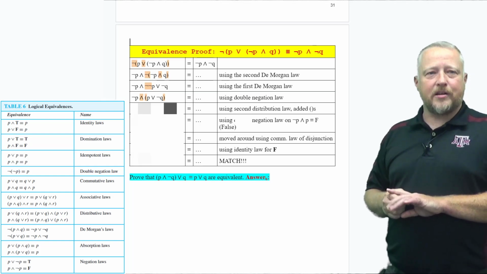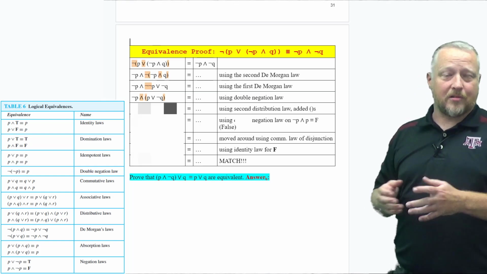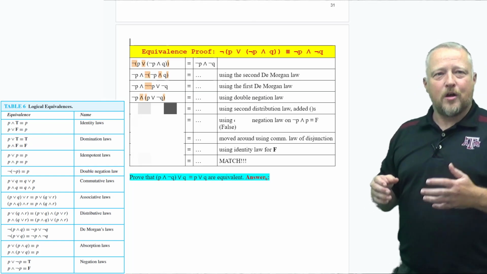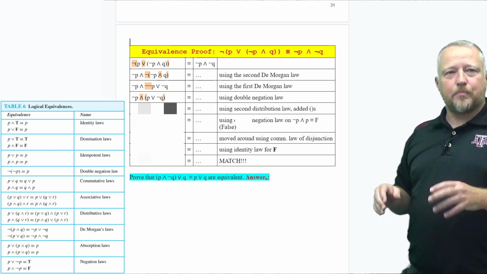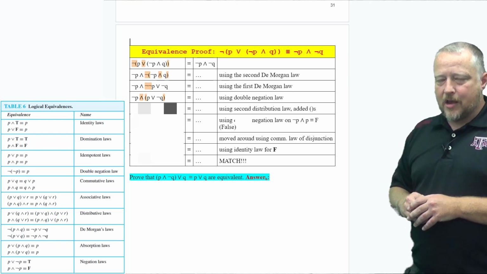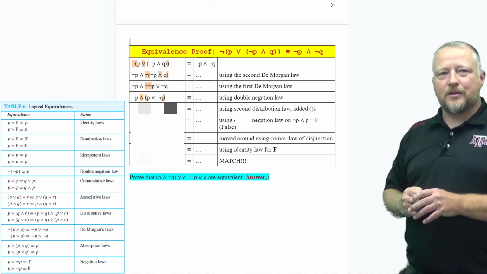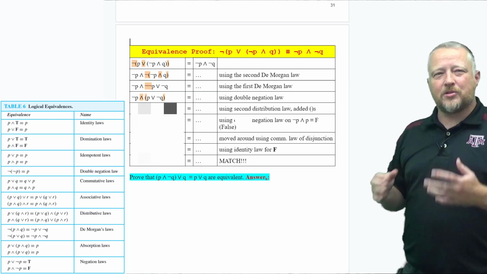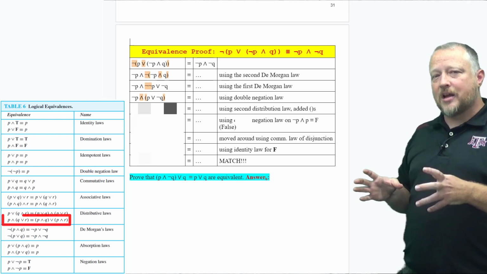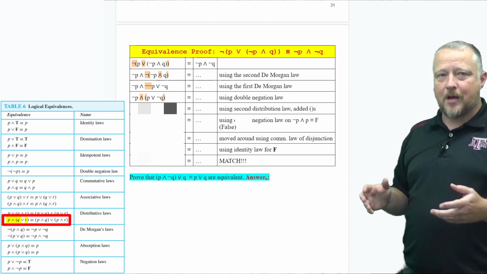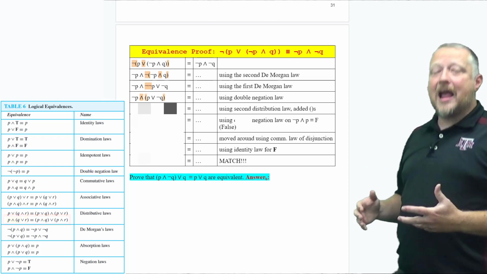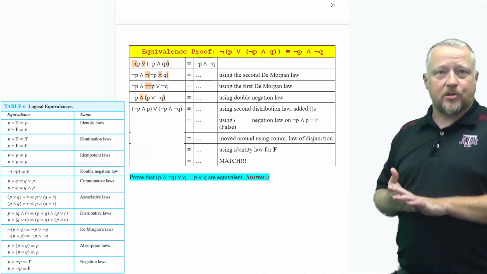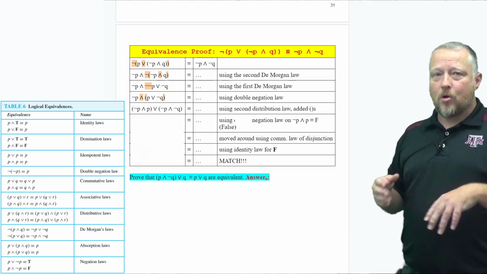So in reality, you're going to see something kind of pop up here, or actually disappear. We have not P and P or not Q. Now you're wondering, well, wait a minute, that doesn't fit anything. Well, if you don't see anything that fits, that usually means I can put parentheses around something, which is now being highlighted. And now it goes ahead and uses the second distribution law where I added the parentheses.